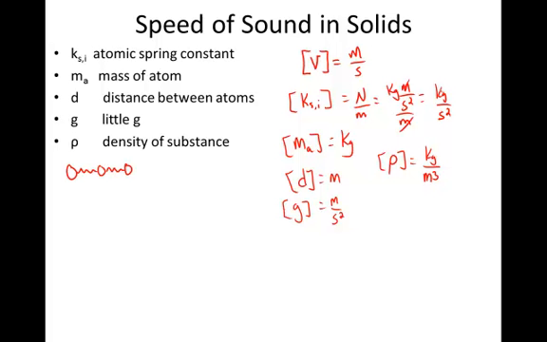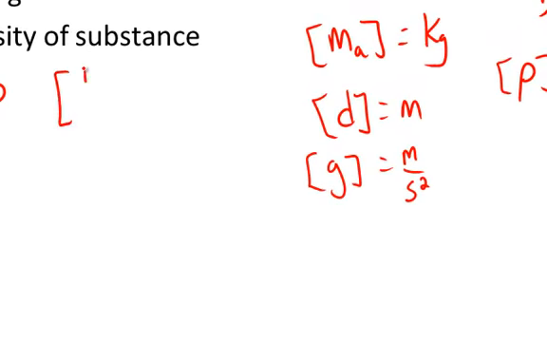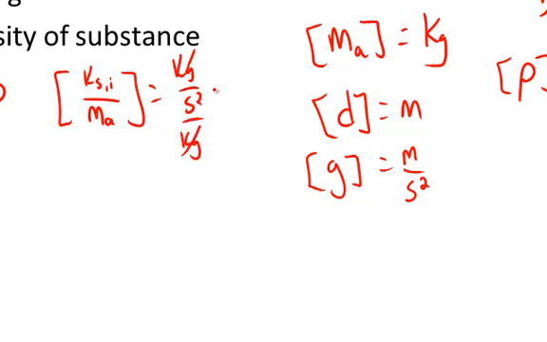So let's see. I've got kilograms per second squared from this, kilograms here. I know that velocity doesn't have that, so let's see what the units of k over m are: kilograms per second squared over kilograms, and that cancels out, and we just get 1 over seconds squared.